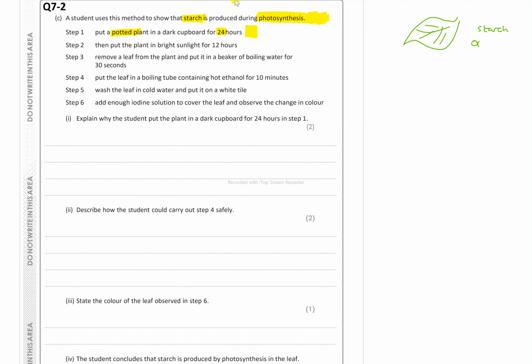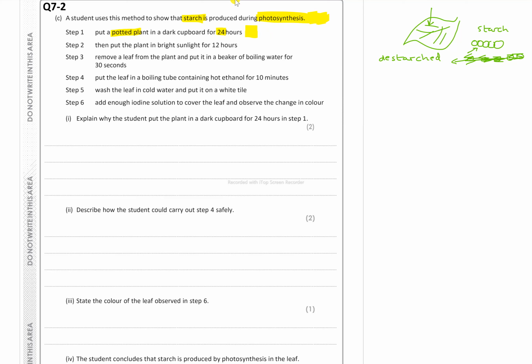Starch is a lot of glucose molecules stored for future use, for energy. When there's no photosynthesis, the plant needs to stay alive, so this starch breaks down into glucose, and the plant uses this glucose to respire aerobically. After about 24 hours all the starch disappears, and you end up with a destarched leaf.